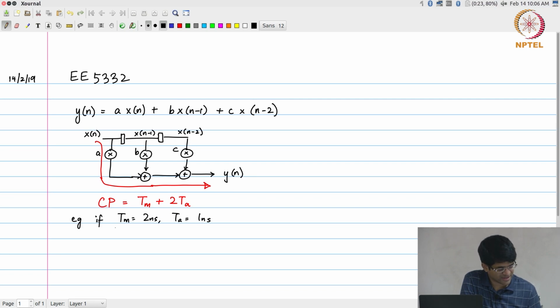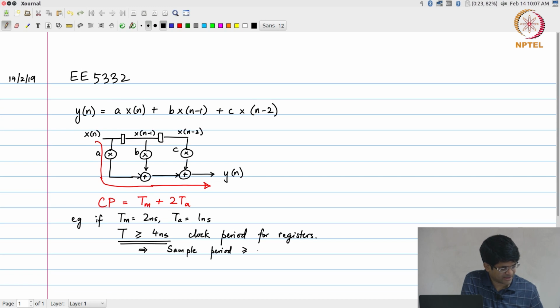In this case, with this assumption, what we are saying is that the clock period that I use must be greater than or equal to 4 nanoseconds. This is the clock period that I can use on these registers. That in turn implies that the sample period is greater than or equal to 4 nanoseconds, because in this particular implementation the sample period and the clock period are exactly the same.